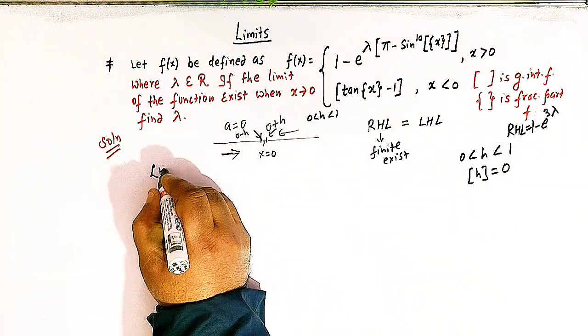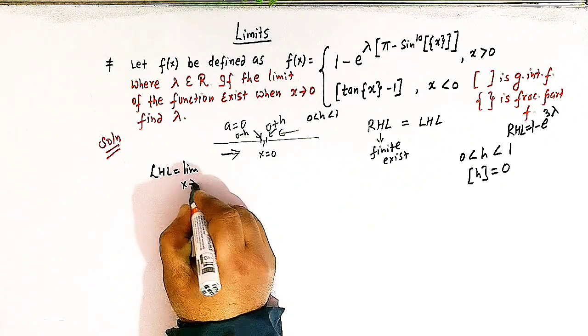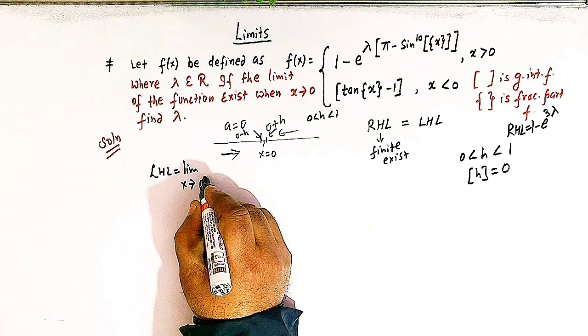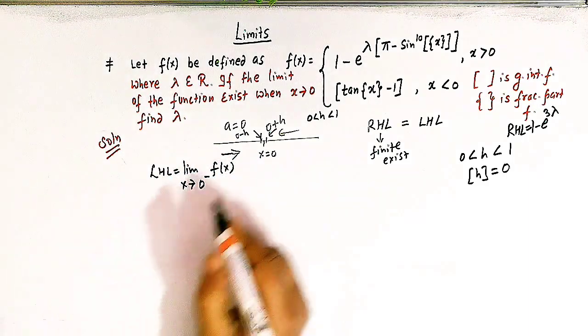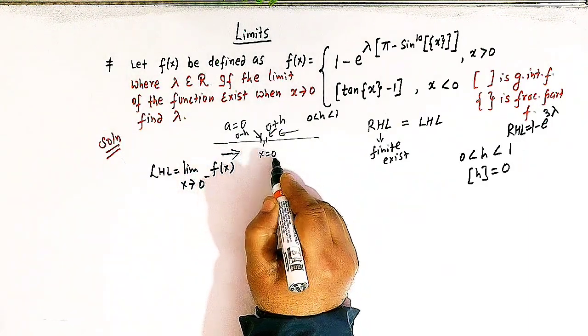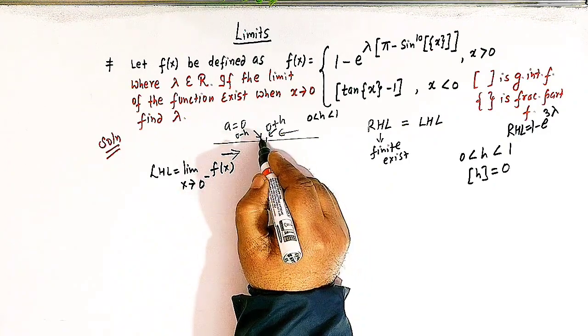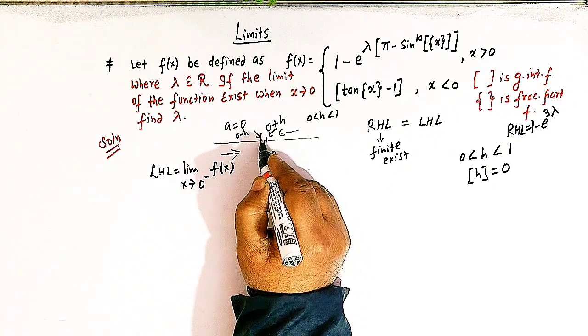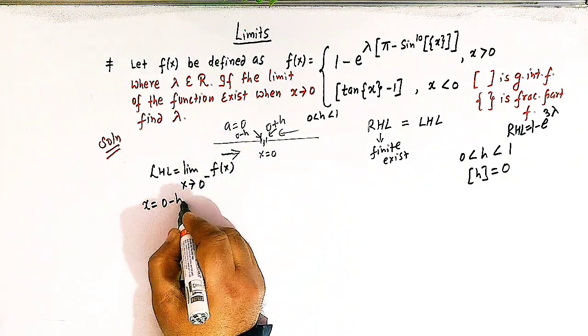So now let us find out the left hand limit. The notation for left hand limit is limit x tends to 0, and we put a negative sign over here, then we have f of x. So when we approach x is equal to 0 from the left of 0, we have a point in the left neighborhood, that is x is equal to 0 minus h.